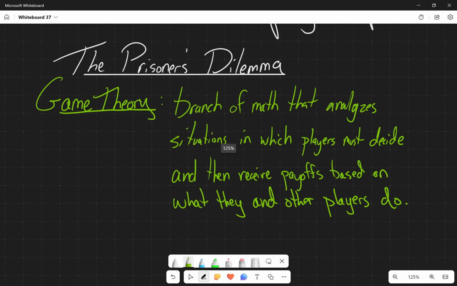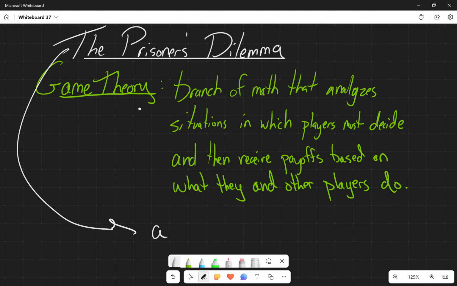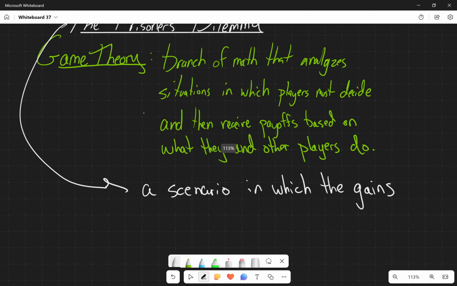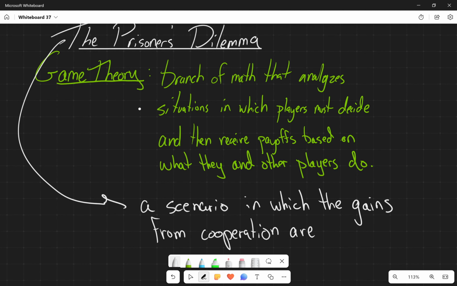And this prisoner's dilemma is specifically a type of game theory. It's a scenario in which the gains from cooperation are larger than the rewards of pursuing self-interest.